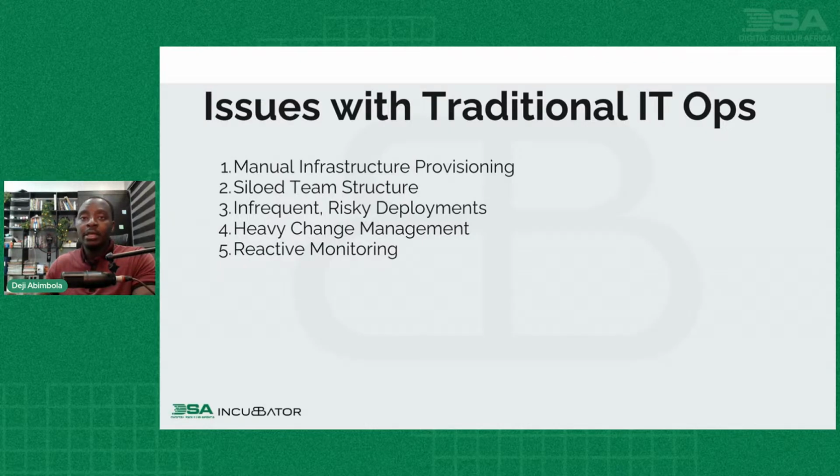So part of the issue with separating ops from developers is not having that feedback loop where developers see the real world usage of the app they have built, or see the real-time errors that are coming up in the apps, right? So those are the issues with traditional IT ops.